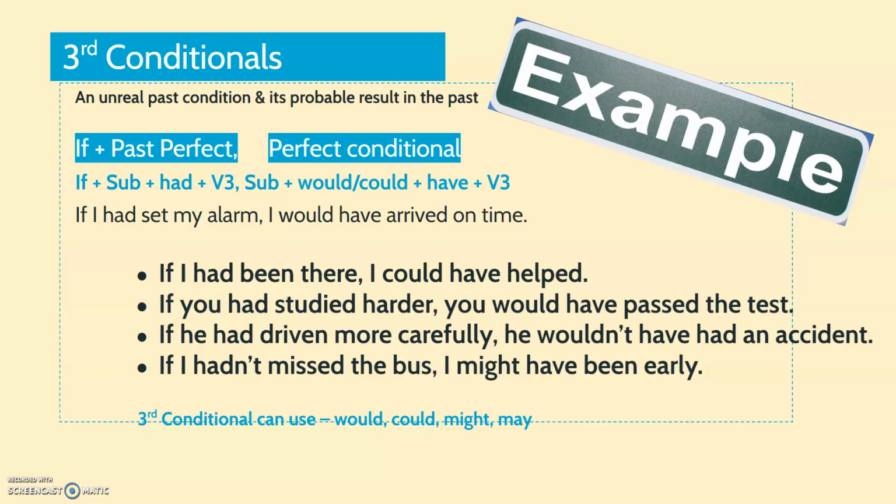And finally, if I hadn't missed the bus, I might have been early. So a past conditional, looking at things in the past and saying how they could have been different. With third conditional, we can use would, could, might, or may with the perfect conditional.